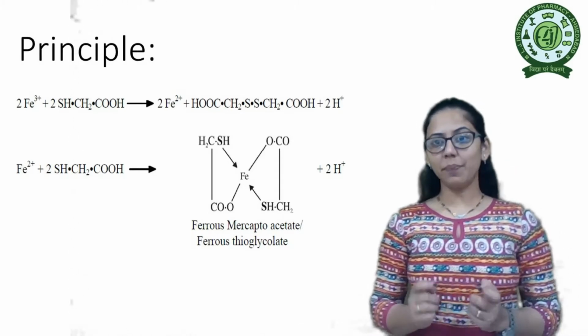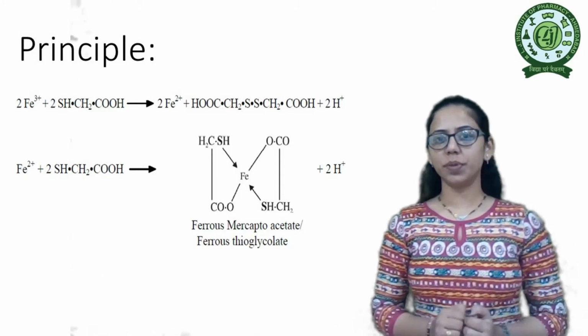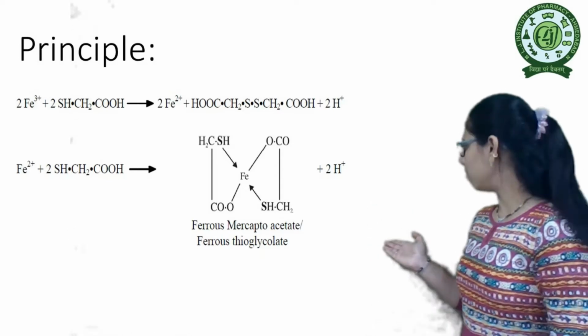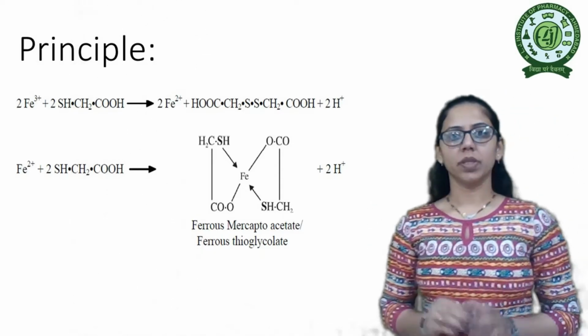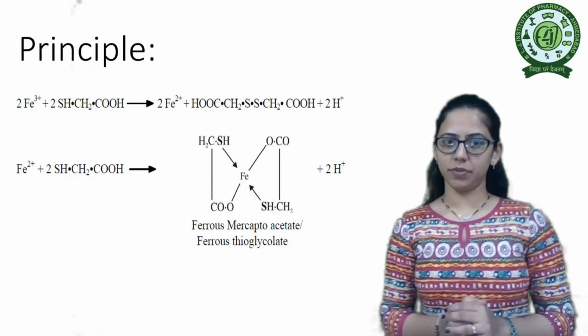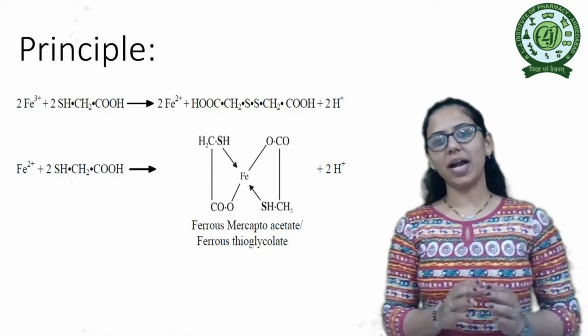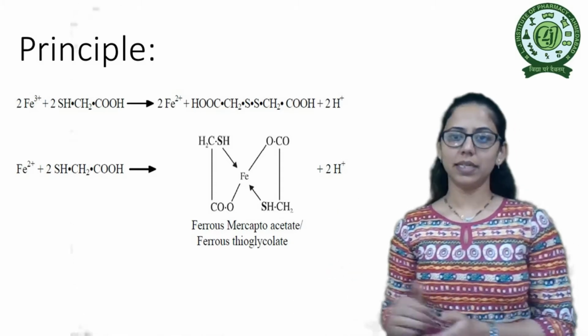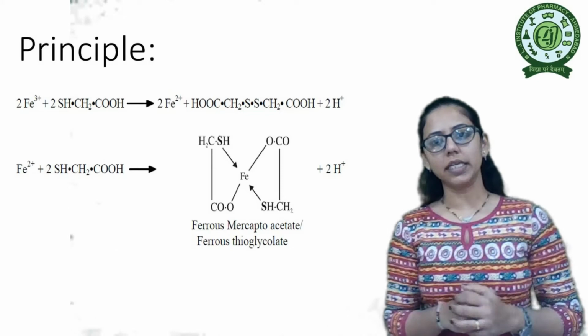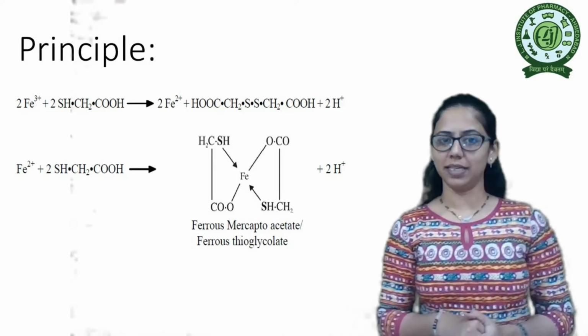A pale pink to deep reddish purple color is observed due to the ferrous thioglycolate complex. The color produced from a specific amount of substance under test is compared with the color produced in a standard solution, by comparing the color intensity of the test with the standard.